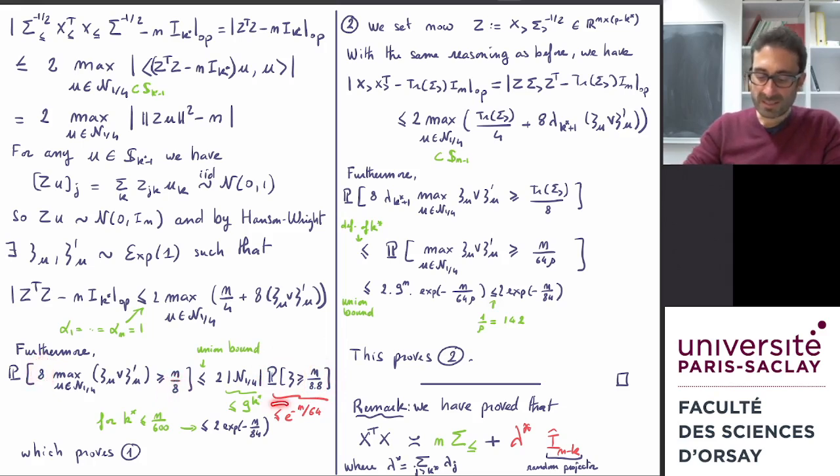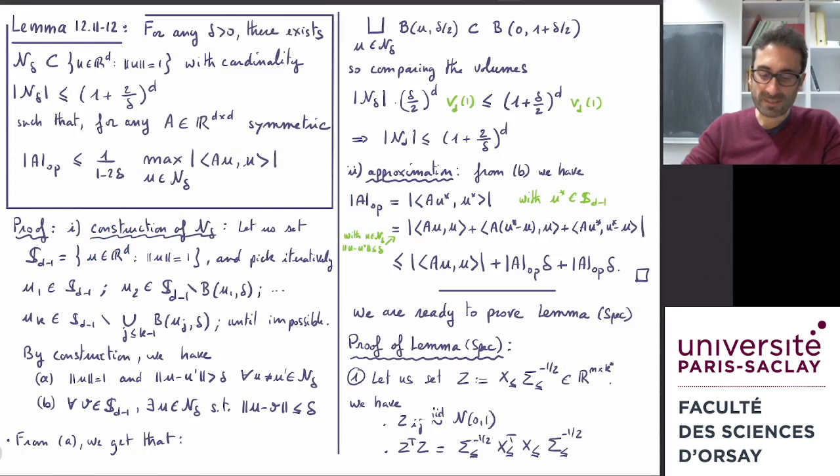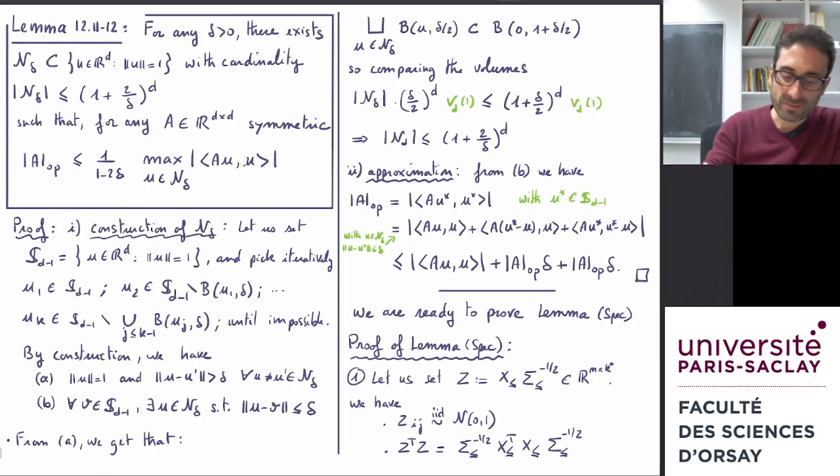So this is exponential of minus n over 64. And what can I say about this cardinality here? So this cardinality is smaller than, so I remind you that I have taken delta equal to 1/4. So this is exactly equal to 1 plus 8 to the d, which is 9 to the d.